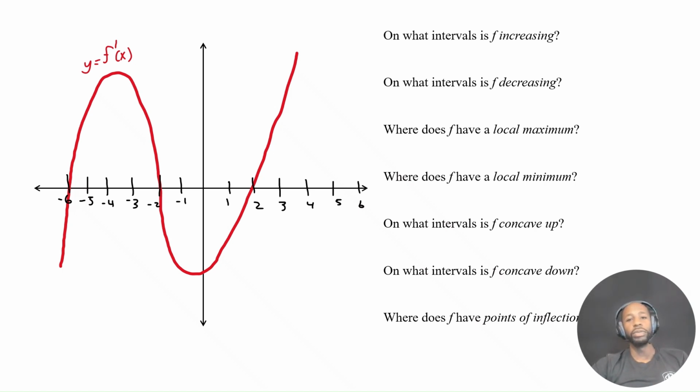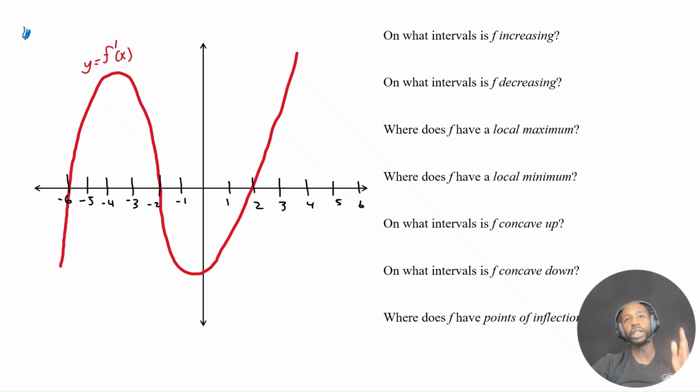All right. So first question is, on what intervals is f increasing? Now, this is f prime. This is not f. This is f prime. So remember, f prime being the first derivative, if you look at the graph of a regular function, where is a function usually increasing?